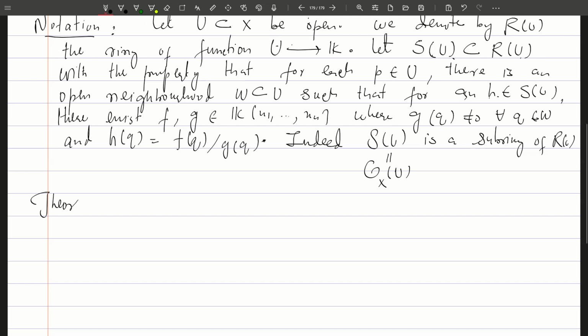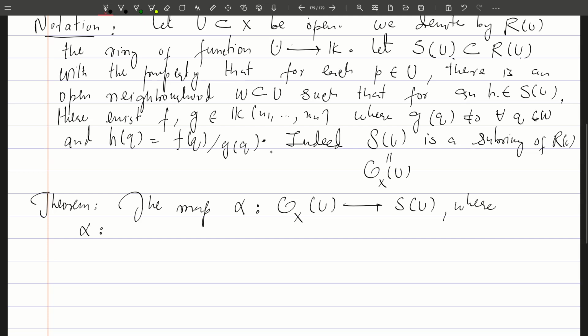So we have a theorem here. We claim that the map alpha from the ring of regular functions on U to the set S of U, where this alpha carries an element in this ring, which is a rational function, to the function h, this h in square brackets is the function from U to K. So this is our claim.